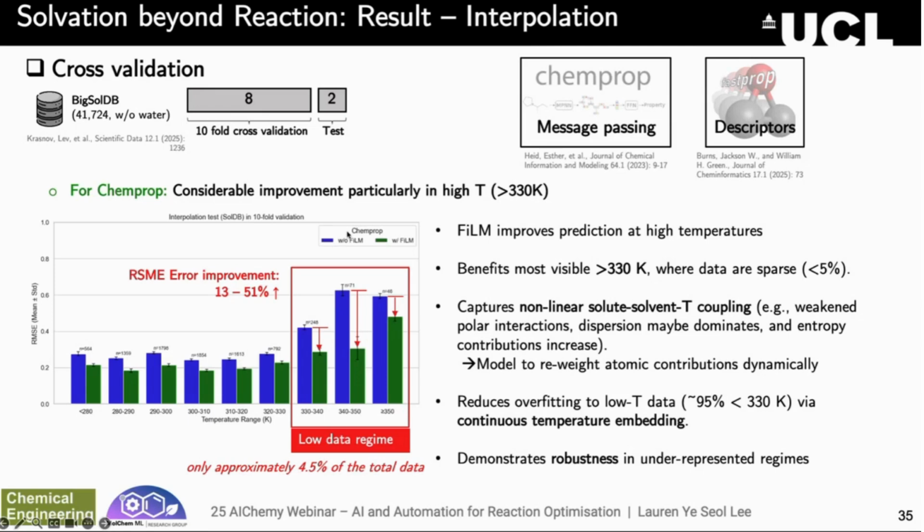This conditioning layer helps the model dynamically reweight these contributions. It also reduced the overfitting to low temperature data, which dominates the data sets. So overall, we can say that FiLM improved the robustness, specifically in underrepresented temperature regimes.